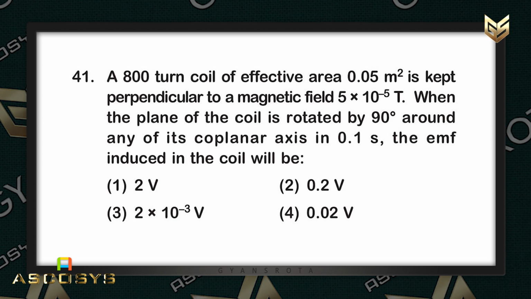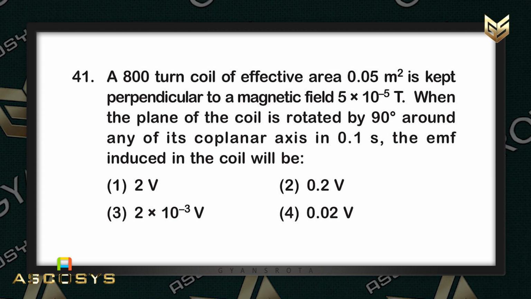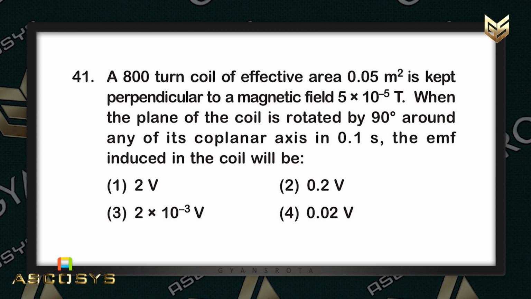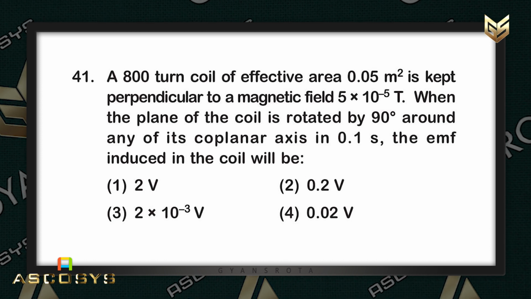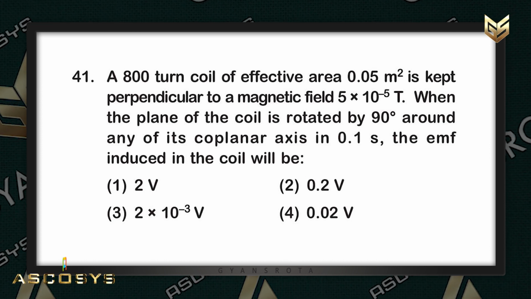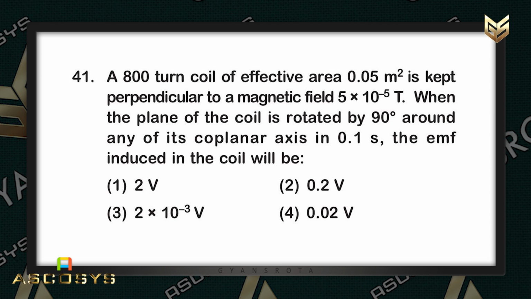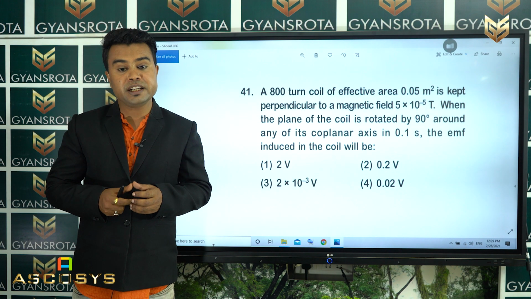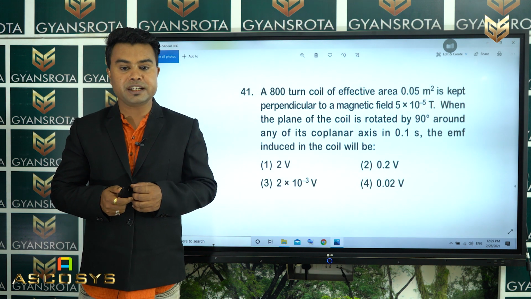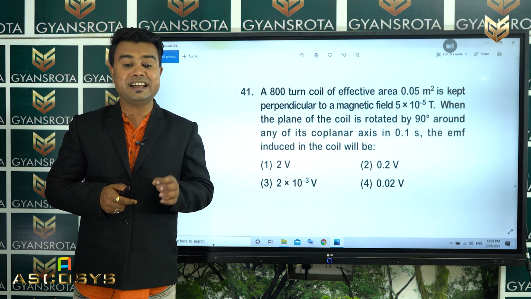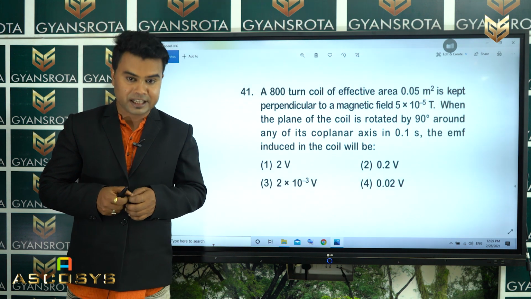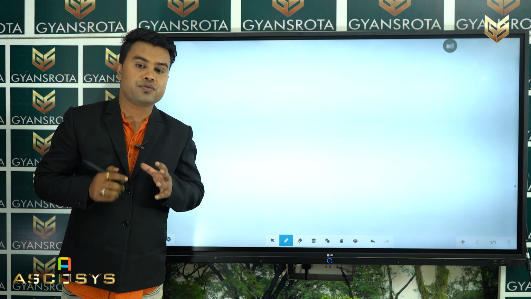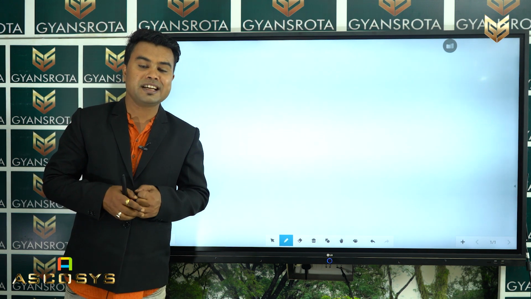When the plane of the coil is rotated by 90 degree around any of the coplanar axis in 0.1 second, the EMF induced in the coil will be, how much will be the EMF induced when the coil is rotated by an angle of 90 degree in time 0.1 second. That is what we have to calculate. It's from the chapter electromagnetic induction.